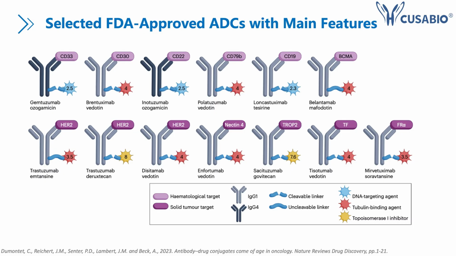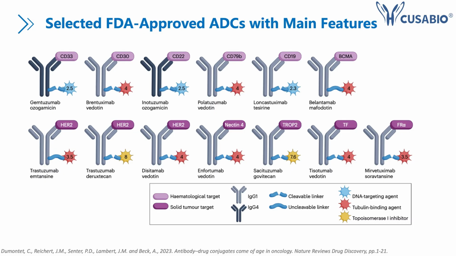So the first is that if you take a look at the target here, you see that different ADCs have different targets. And definitely for the liquid, for the blood tumors, you see that the antigens usually come from the CD series, like CD33, CD30.